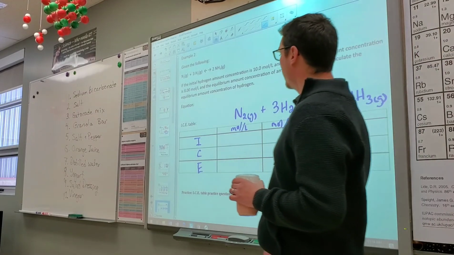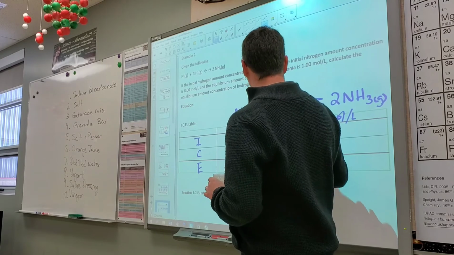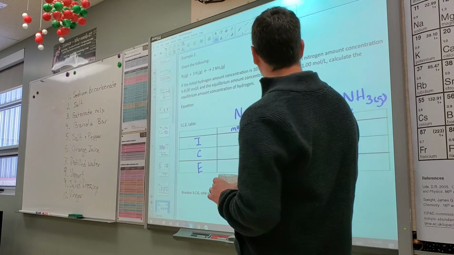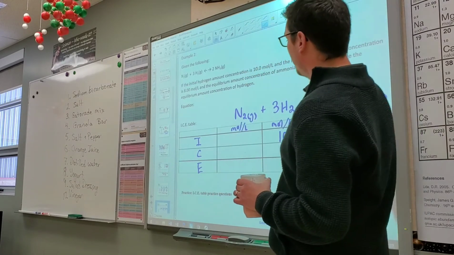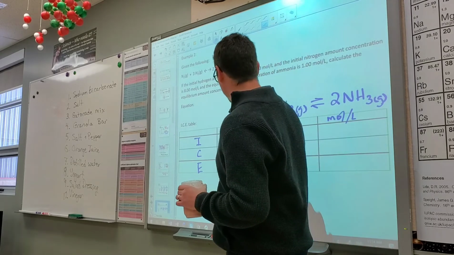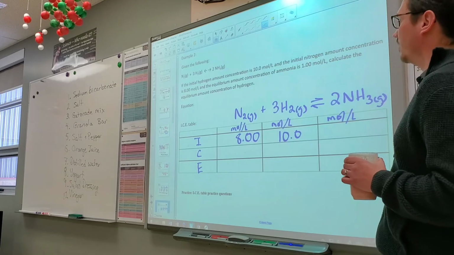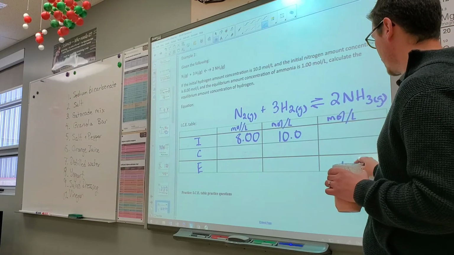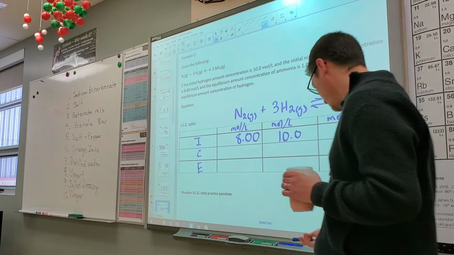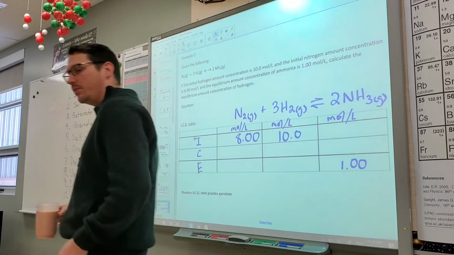So we know we're starting off with 10 of the hydrogen. We're starting off with 8 of the nitrogen. And the equilibrium concentration is 1.00. Give you a couple minutes to work on this.